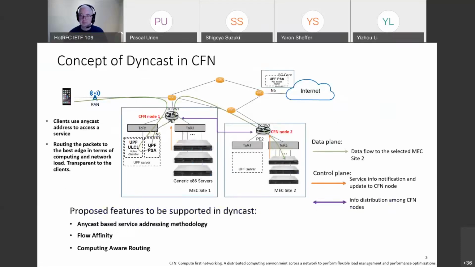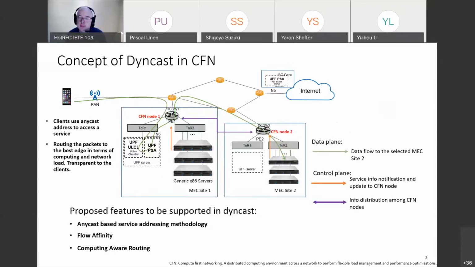To illustrate the concept of Dinecast, I'm using a 5G deployment for illustration purposes, but it's not necessarily a 5G backhaul deployment. Basically, we have two MEC sites, and a client comes in. With the most current practice, normally this edge computing request will be handled by the local MEC site, which is site 1 here.